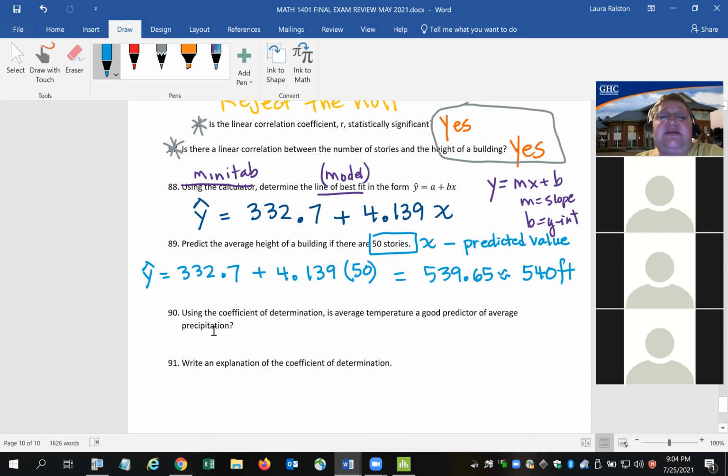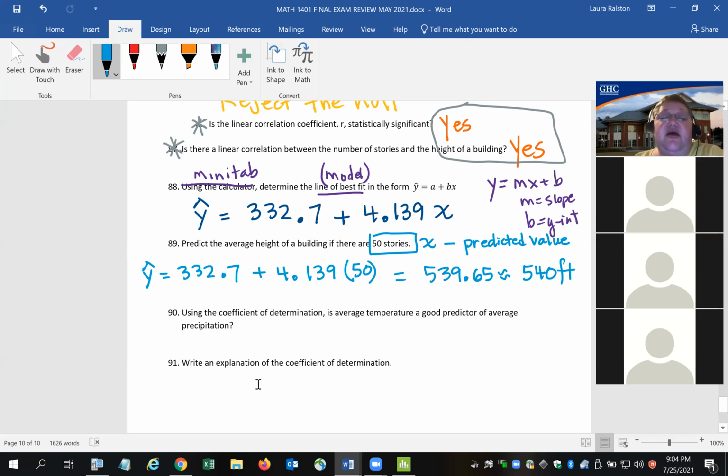Okay, then question 90 says, using the coefficient of determination, is average temperature a good predictor? This should say, is the number of stories a good predictor for the height? This was a copy and paste error.